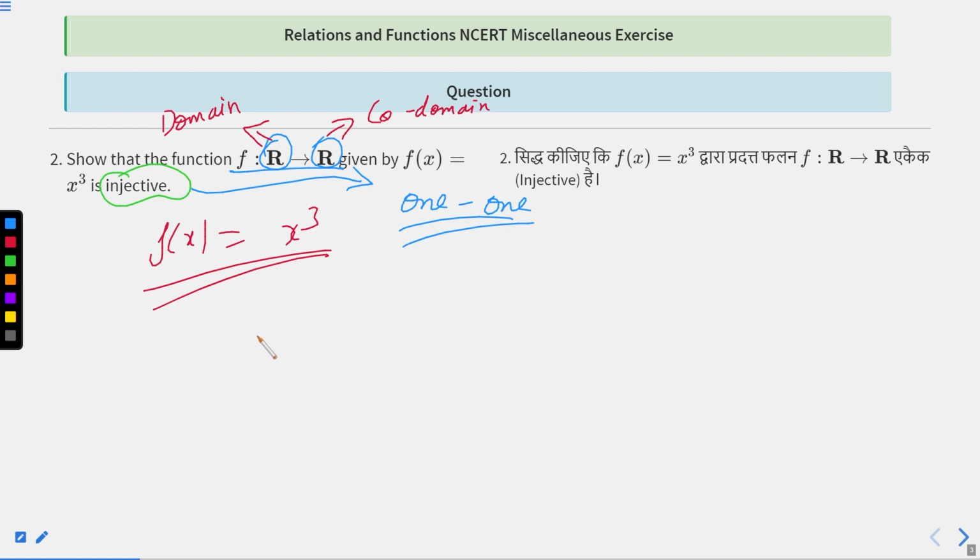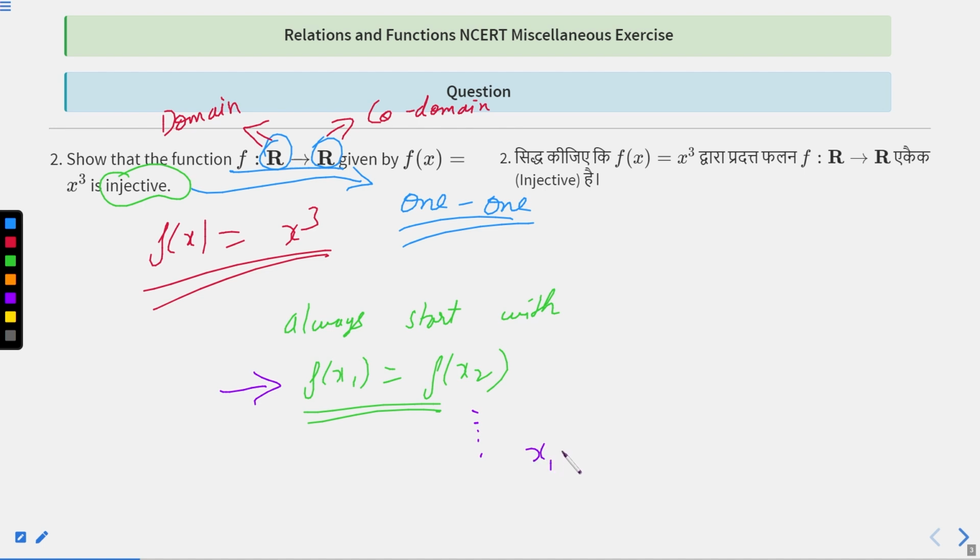In order to prove that any given function is one-one, we always start with f of x1 equals f of x2, and through this we conclude that in the end x1 equals x2.